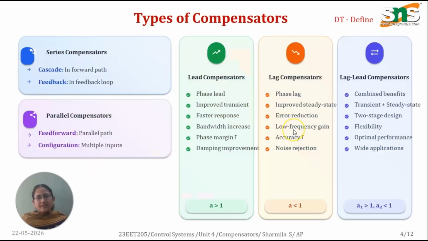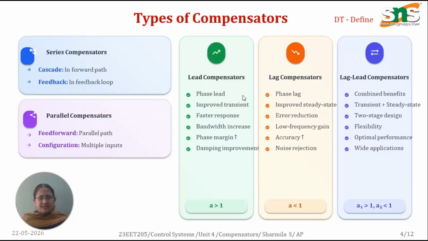Now let's see the types of compensators. Compensators are generally classified into lead compensator, lag compensator and lag-lead compensator. The lead compensator provides a phase lead, improves transient response, increases bandwidth and enhances phase margin. For a lead compensator, the parameter A is greater than 1.